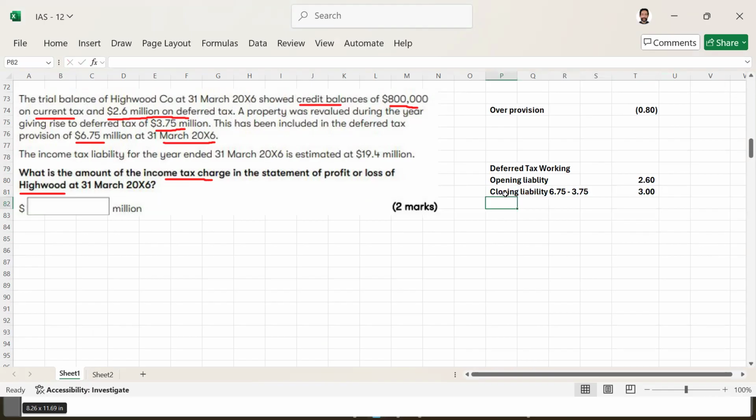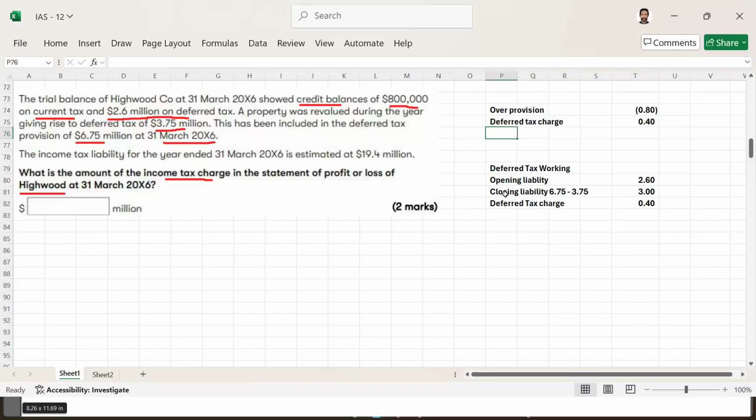So that means a deferred tax charge, because the closing deferred tax liability has increased. At the start, it was 2.6 million, but now it has become 3. So this is an increase of 0.4. Okay, so that will be a charge. So we can say the deferred tax charge will be 0.4 here.